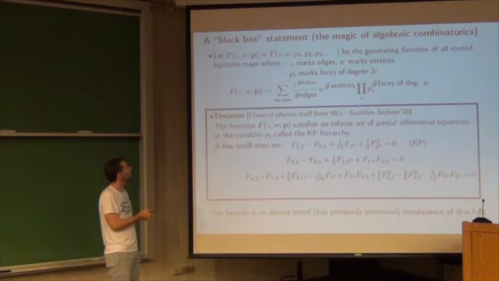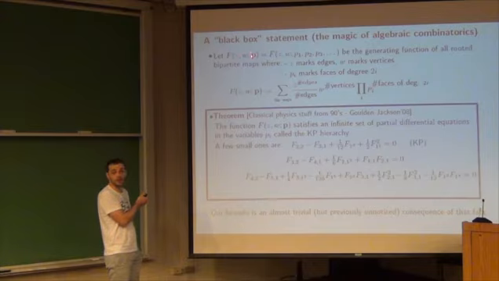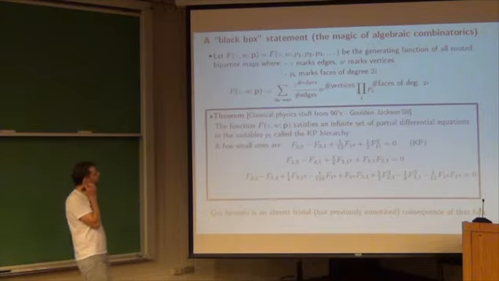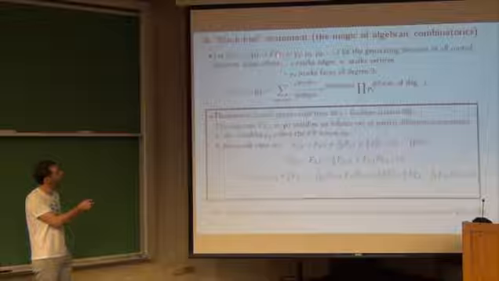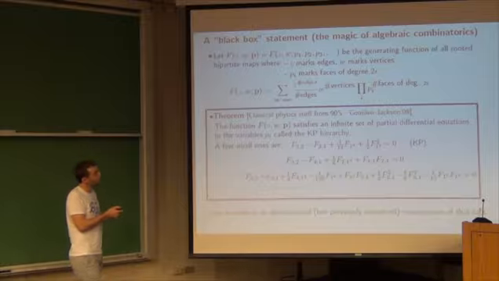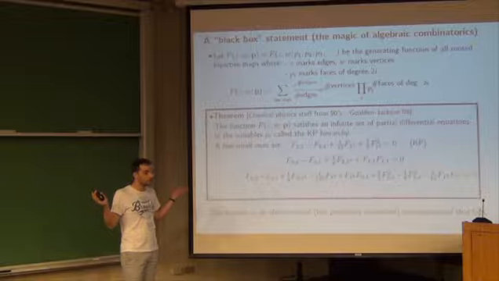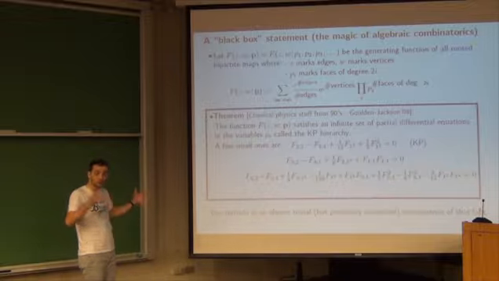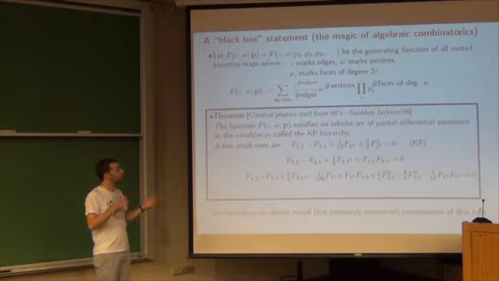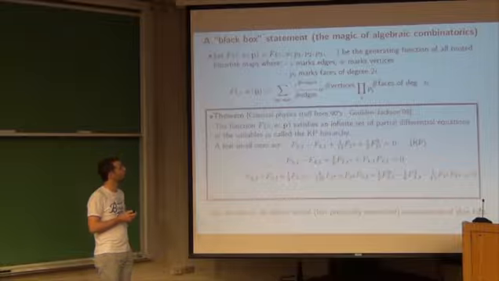So let me do the following. I'm going to form a huge generating function. Here z is a variable, w is a variable, and p is an infinite set of variables. F of z, w, p1, p2, etc. So that's the generating function of all maps of all genus. So it's a huge object. All the genera are there simultaneously.